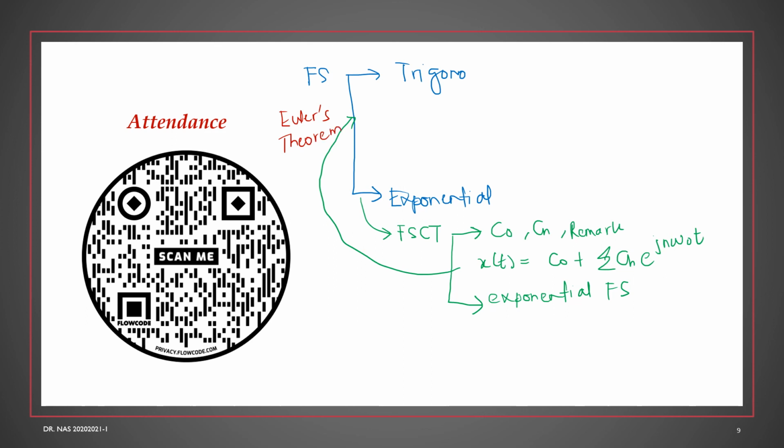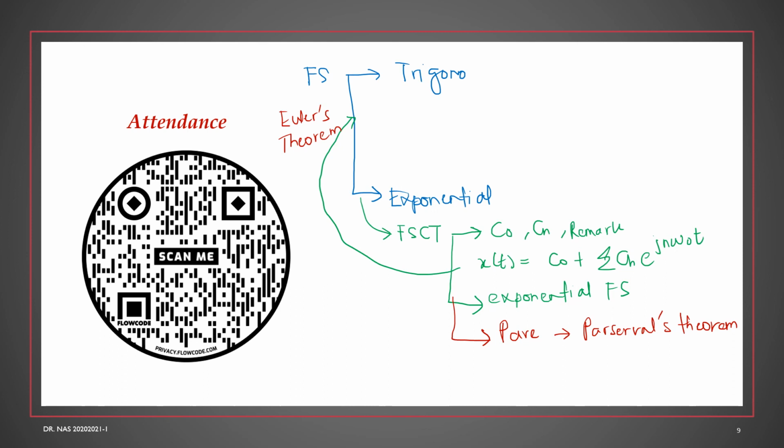And lastly, in the application, you can calculate the P average by using Parseval's theorem, and you can apply Fourier series in circuit analysis.